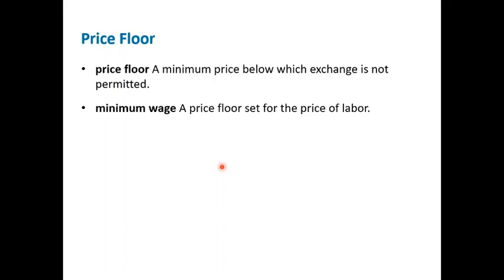Price floors are intended to give sellers a fair price for their goods. For a price floor to be binding or effective, for it to have an economic impact, it's got to be above the equilibrium price. If the equilibrium price is higher than the price floor, that's what you pay.